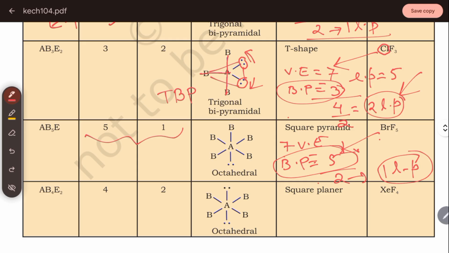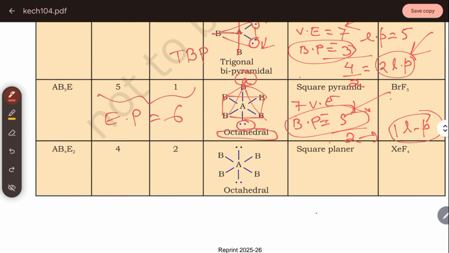Total number of electron pairs is equal to 6. That means octahedral geometry, and in octahedral geometry, I have told you the axial positions are the most stable positions. So the lone pair is oriented here in the axial position. And see, leaving the lone pair, the other part is a square pyramid. It's a square pyramid. Okay, so that is the shape.